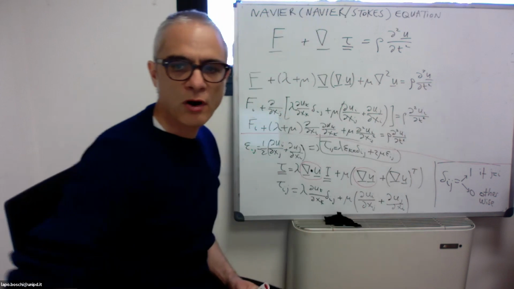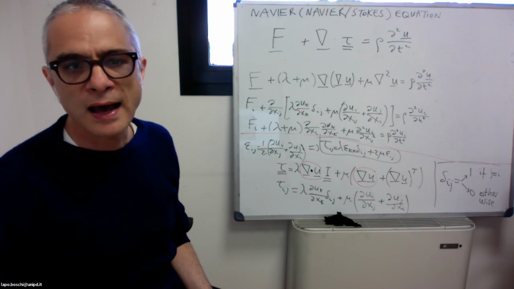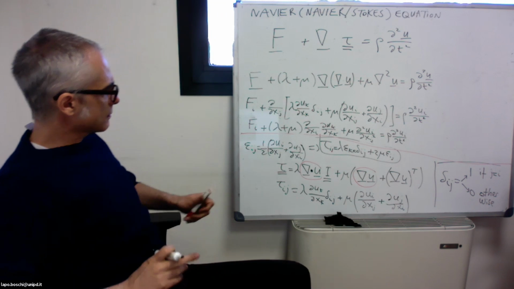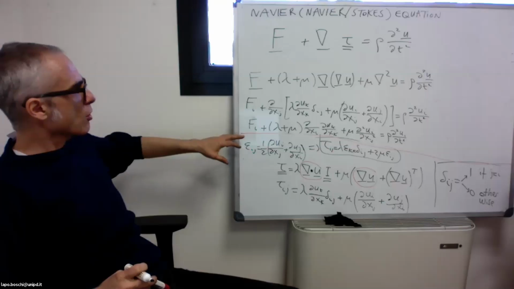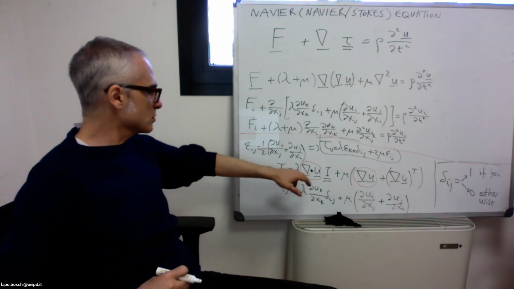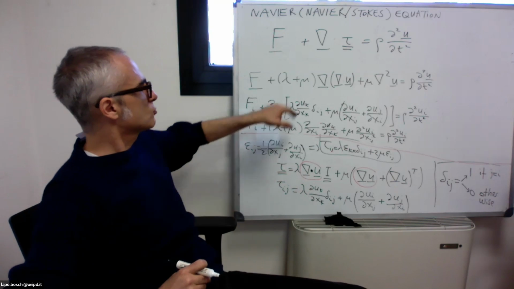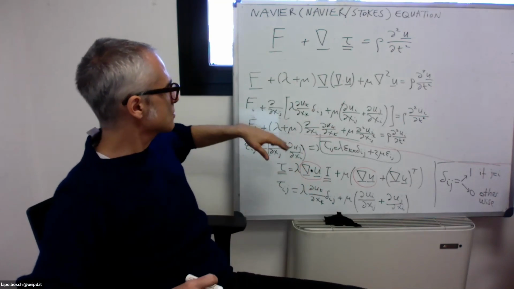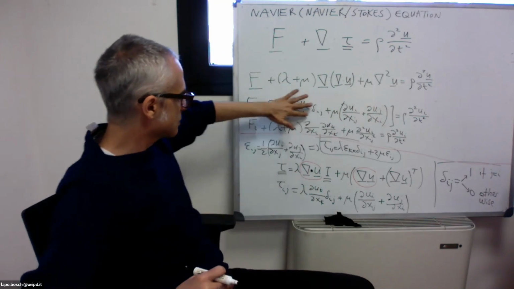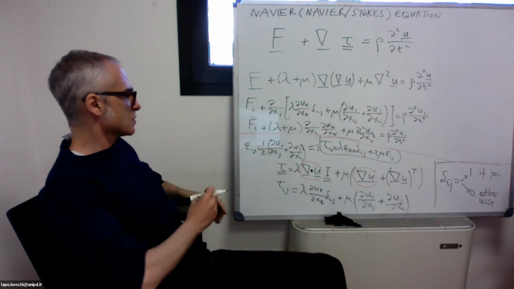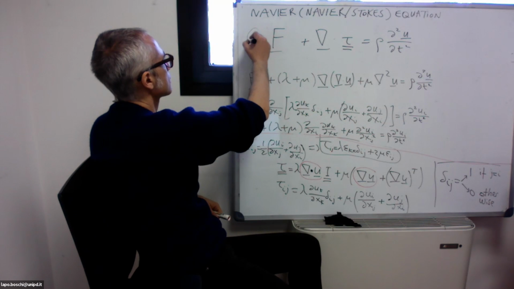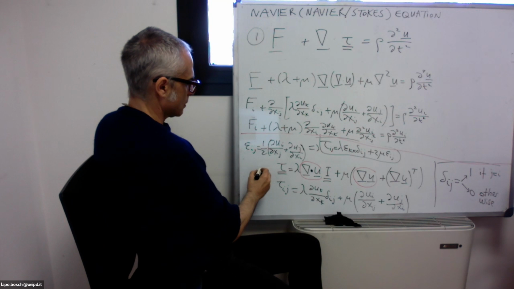Let's not worry about the algebra. You'll do these three steps, well, four, as homework. You substitute this into here, do the algebra, you get this equation, and then a little bit more algebra. So that would be 1, 2.